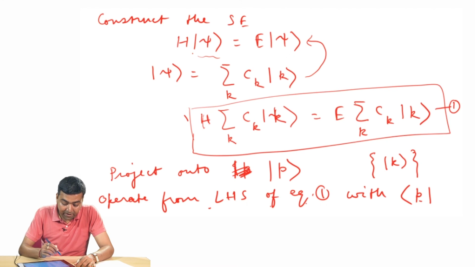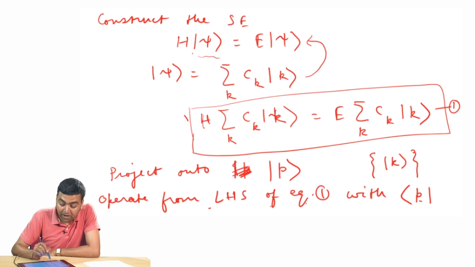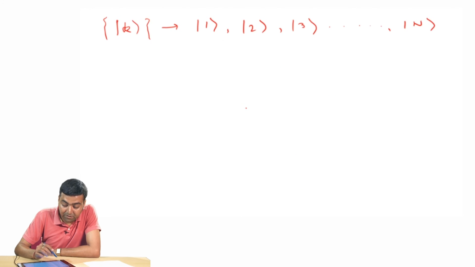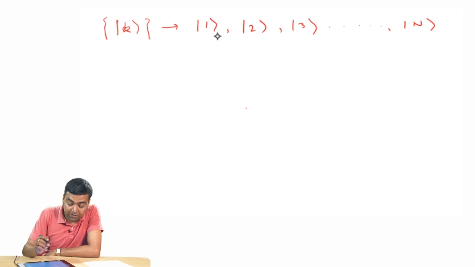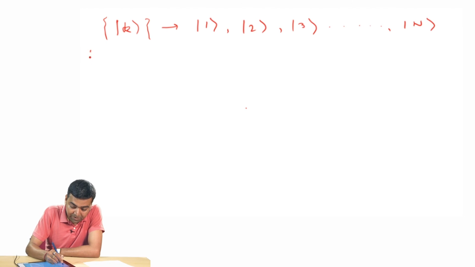So, if I go back, my recipe, if you remember, was I take any arbitrary basis vector which belongs to this family of basis vectors denoted by k, and I project this whole equation on that. So, suppose first I do the projection taking basis vector 1, so suppose my p is now equal to 1.